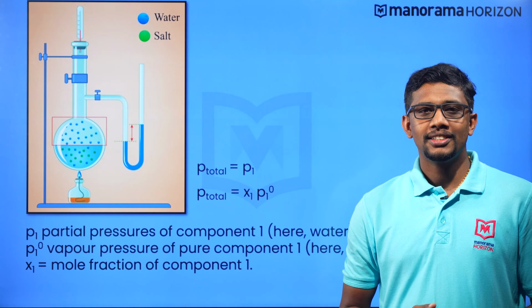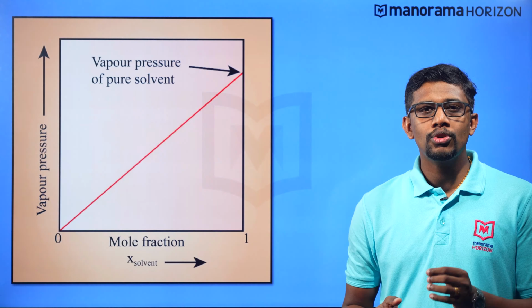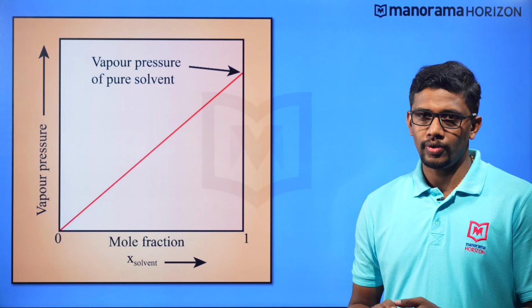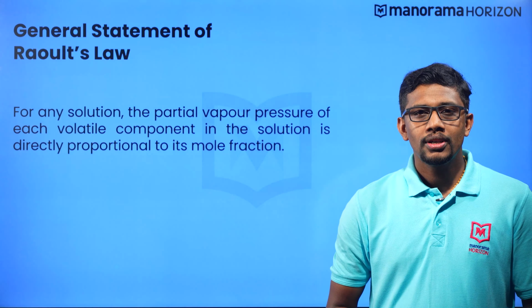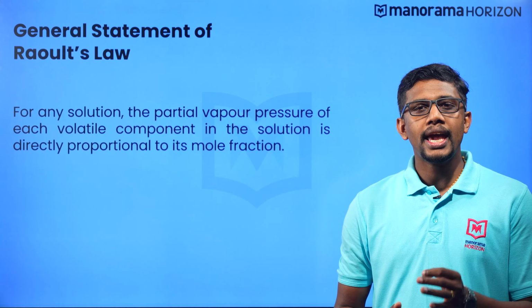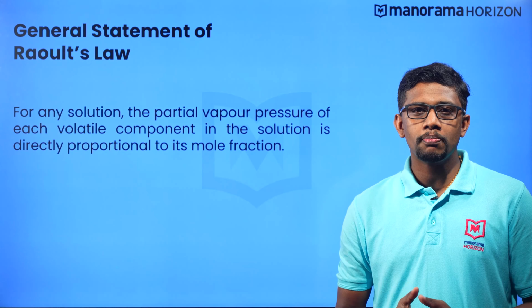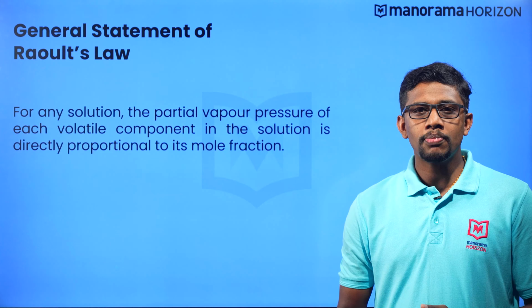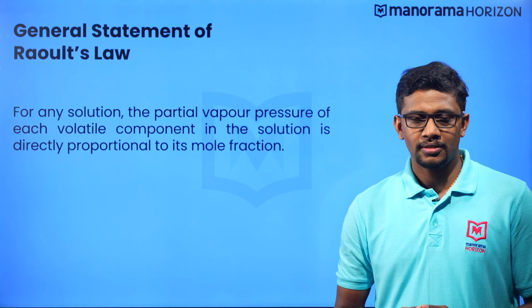In such cases, the vapor pressure of the solution would vary linearly from 0 to the vapor pressure of the pure solvent. To conclude, Raoult's law in its general form can be stated as: for any solution, the partial vapor pressure of each volatile component in the solution is directly proportional to its mole fraction.